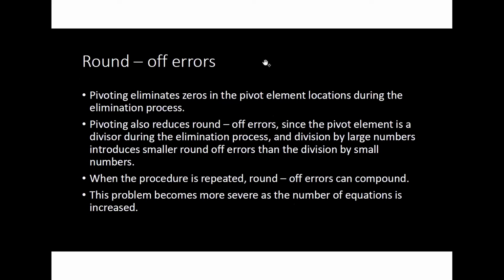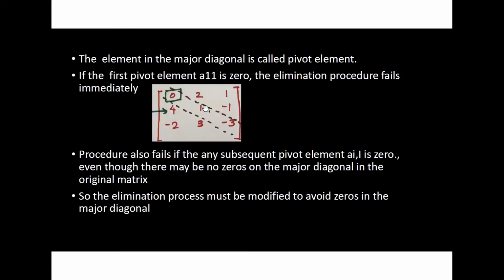Now, how pivoting can also help reduce round-off errors. The first thing is it eliminates zero in the pivot element location during the elimination process. It also reduces the round-off errors since the pivot element is a divisor. Divisor means it is always going to be in the denominator when you are performing the Gauss elimination.